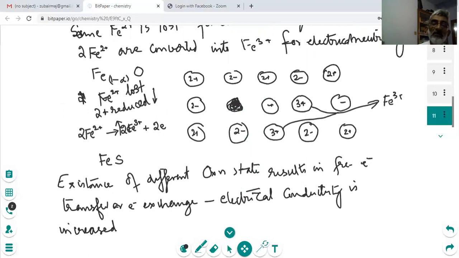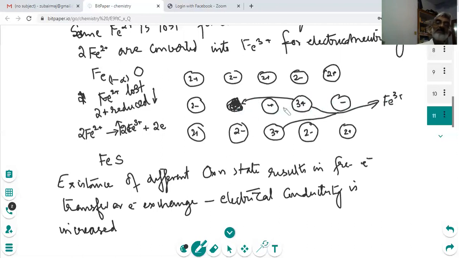So into this hole, this will move, and you create a new hole here, and the next ion will move from here to here. So there is a positive hole created every time, from one side to the other.